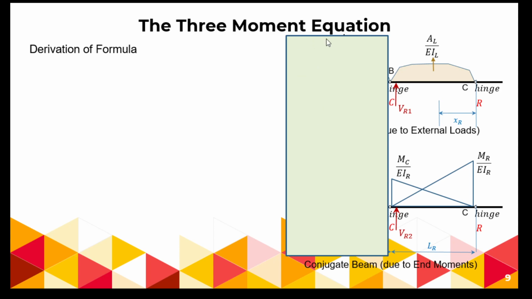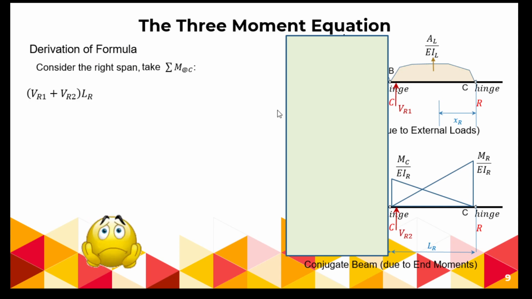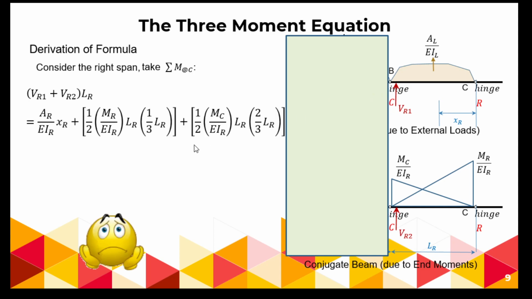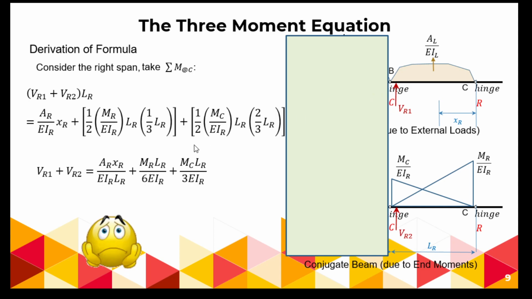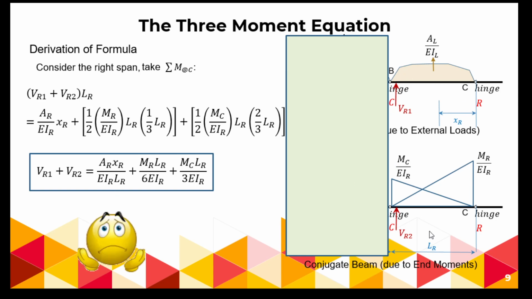Next naman, tabunan ta naman sa piyak. Consider the right span. So, kung si right span naman, we take moment at C. We derive in the same equation. Pero, lain lang niya ang iyang mga subscript because we are considering the right portion of the beam. So, instead of L, puros na siya mga right.